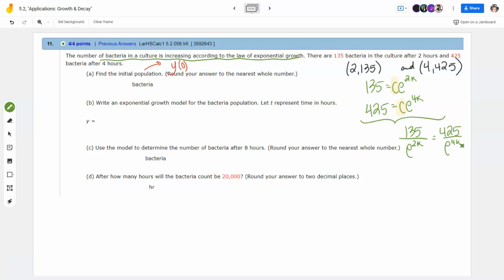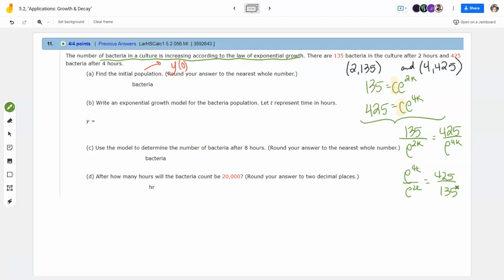This is the same situation with the same C, the same initial population, the same bacteria population, or growth. So I'm just solving for C by division, setting the two equal to each other. Maybe some cross multiplication would be great, and pretty soon I would get e to the 4k over e to the 2k is equal to 425 over 135.